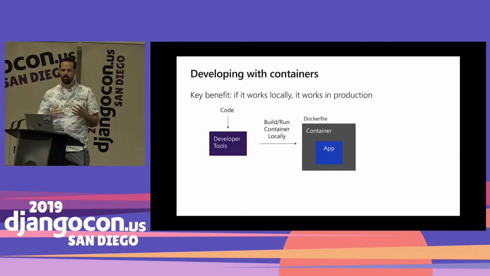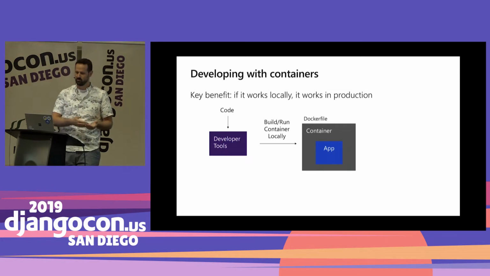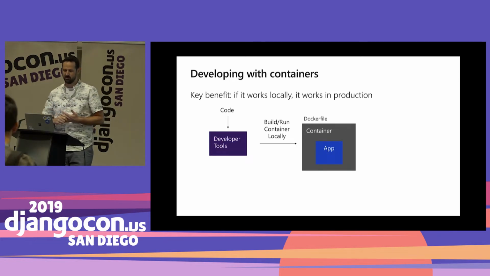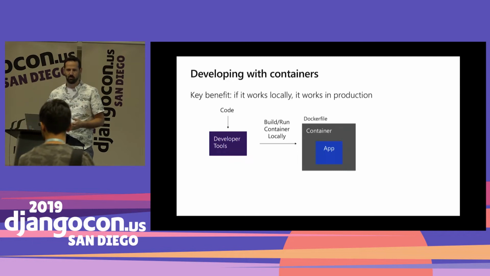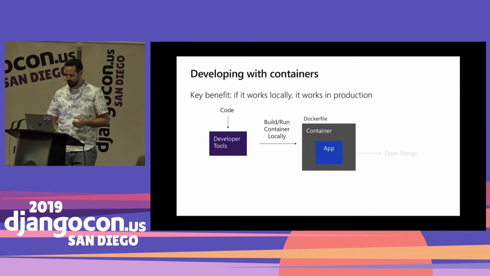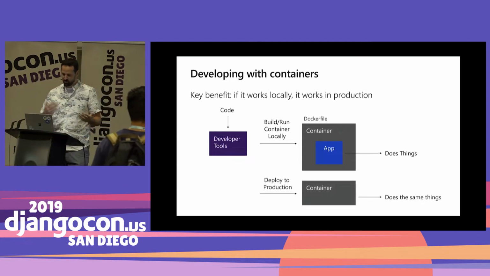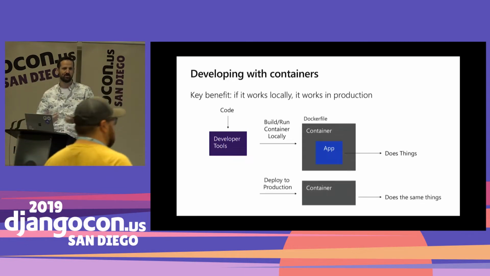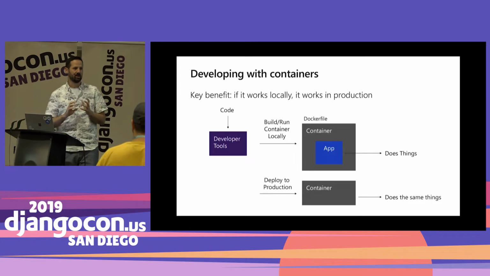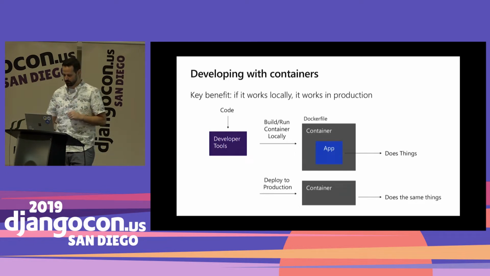It's kind of like a lightweight VM running on your machine, and that's typically defined with a Dockerfile. You have tools that will build this container from a Dockerfile, put your app inside of that, and then run it. And then if you deploy that container to production, hopefully it will do the same things, because all of the environmental factors around your app have been put inside of the container.